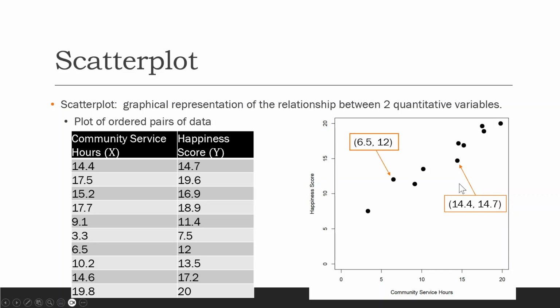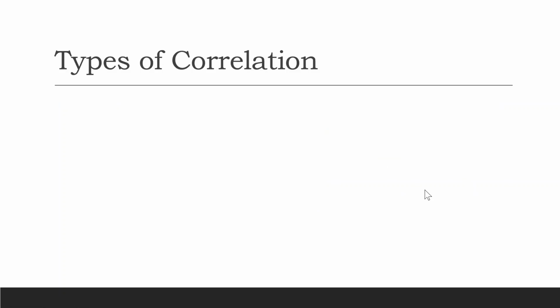Another point indicates that this person volunteered for 6.5 hours and their happiness score was 12, right? With those points plotted, we can now see a relationship between those two variables by looking at patterns. So let's talk about those types of patterns when we're talking about correlations, focusing on linear relationships.